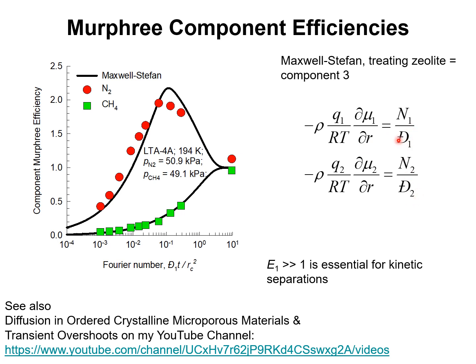D1 and D2 are the diffusivities of nitrogen and methane within the zeolite. The solution of the Maxwell-Stefan equations, along with the model for transient uptake, leads to the continuous solid lines. The details are available in the published literature. See also my presentation on transient overshoots on my YouTube channel.